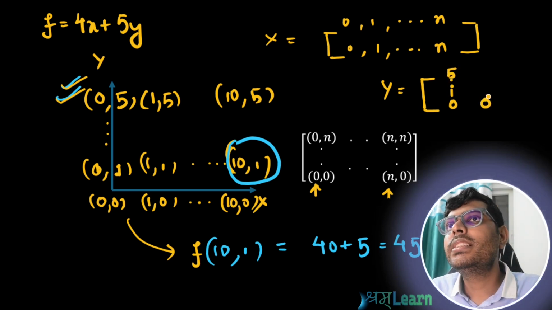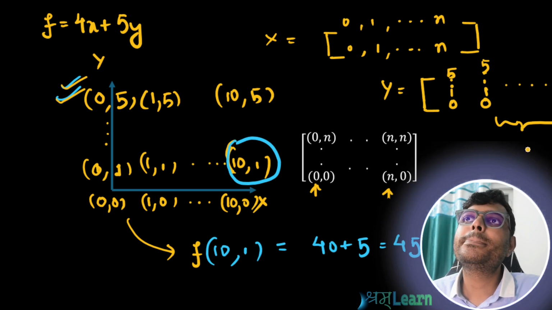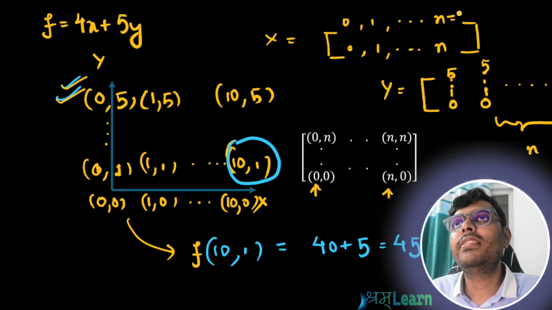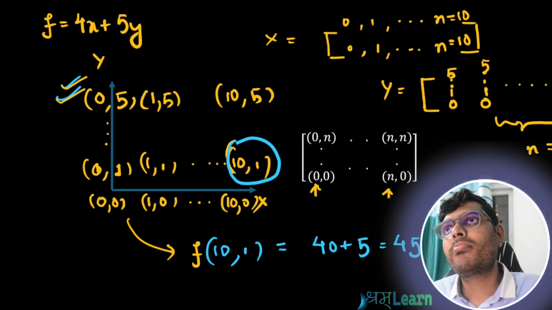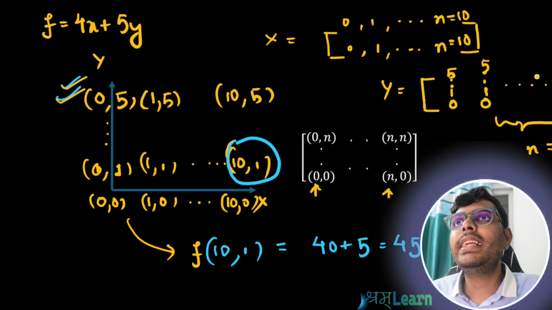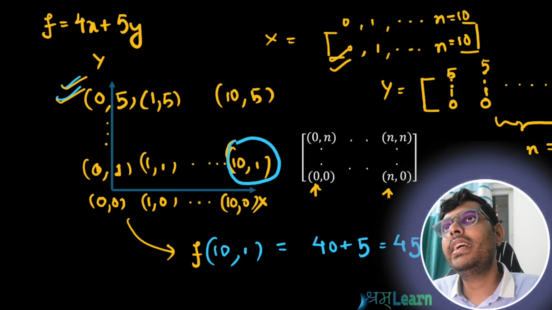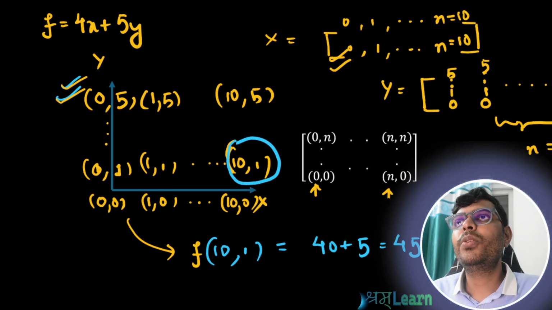And the whole thing is getting repeated for how many number of times? For n number of times, where n is nothing but 10 in our case. Basically 11, because we are also including 0, so n is 10 and we will have 11 such columns, okay.